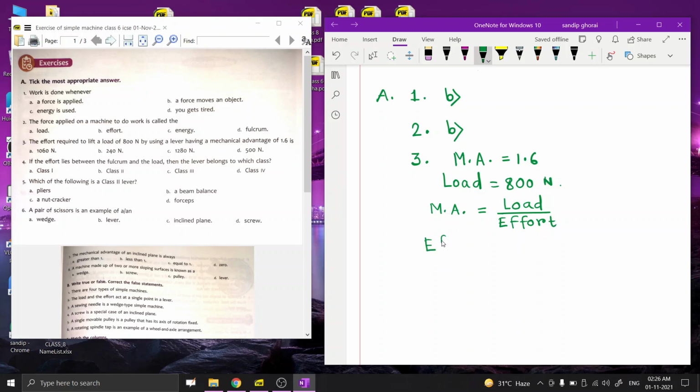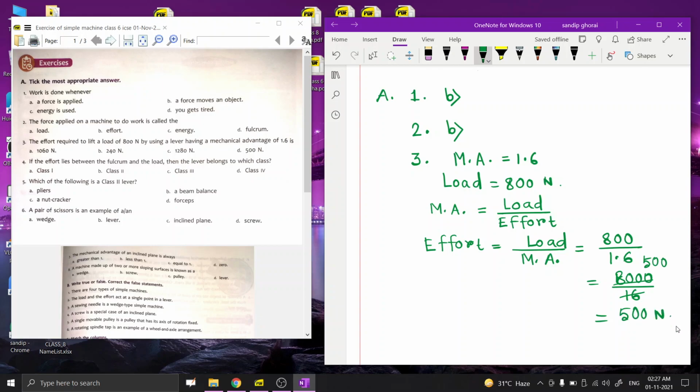That means effort is equal to load upon mechanical advantage. The value of load is 800 divided by 1.6, that is equal to 8000 divided by 16, that is equal to 500 Newton.